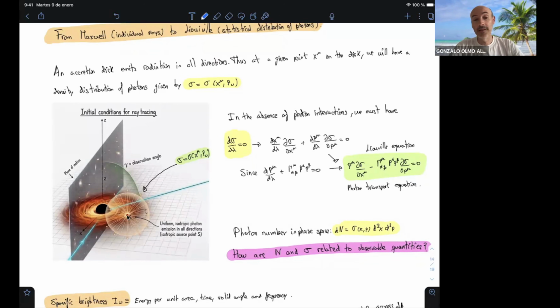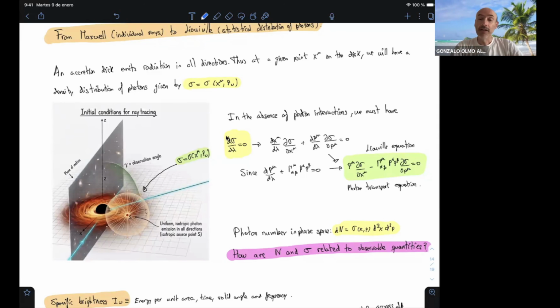Because maybe at this point, the physical mechanisms acting in the generation of photons only produce photons up to some frequency. They are unable to produce photons beyond a certain frequency. Or in some directions, for some reason, there is a restriction that some photons cannot be emitted in some direction, okay? So the density distribution of photons is the function that determines how photons are emitted at each point and at different frequencies, okay?